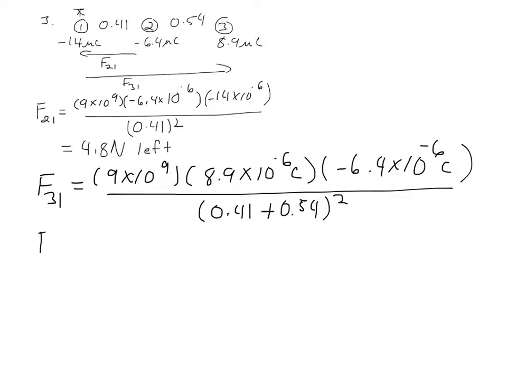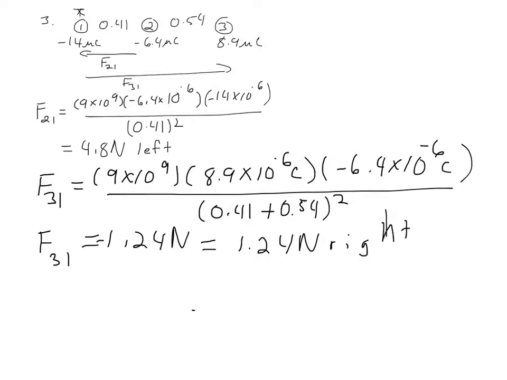And we do that math, we get force of 3 on 1 is equal to 1.24 newtons. And that we end up with negative, but we're going to drop that negative and just put it in the direction we drew up here. So it's going to be 1.24 newtons to the right.